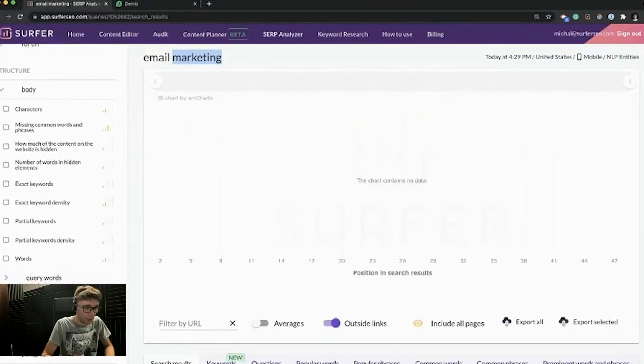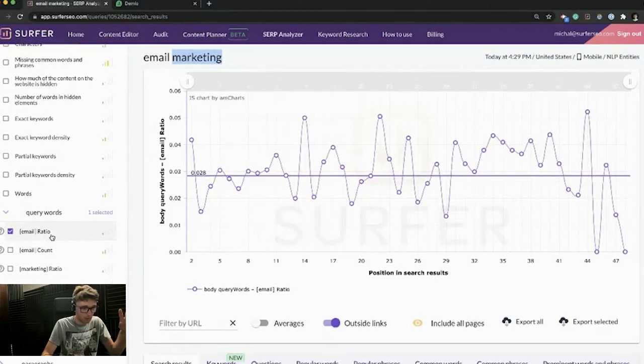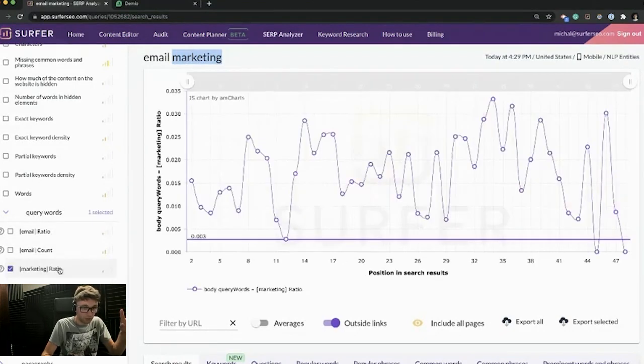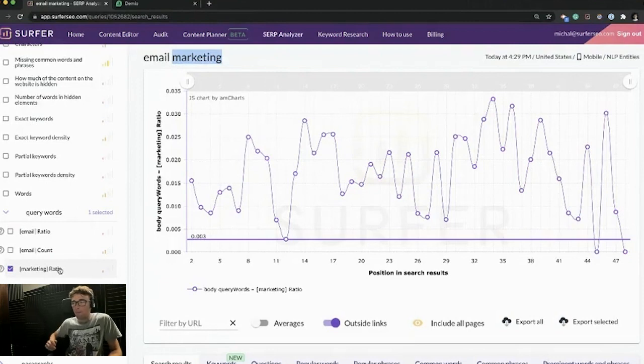We can use the query words. So we've got the ratio of email, and it's high. And we've got the ratio of marketing, which is low. So as you can see, we already know that when it comes to partials, we are okay, but we are not okay with the marketing. We have enough emails, but we don't have enough marketing, marketers, in general variations of the term marketing.